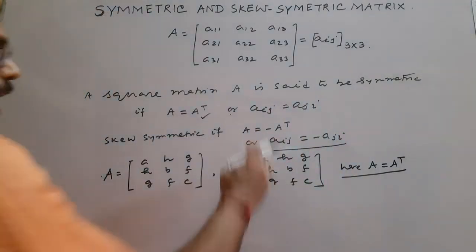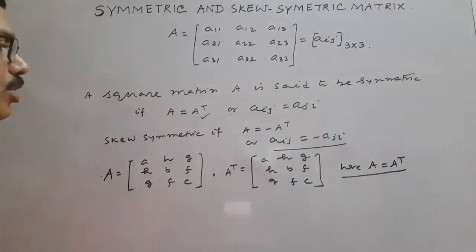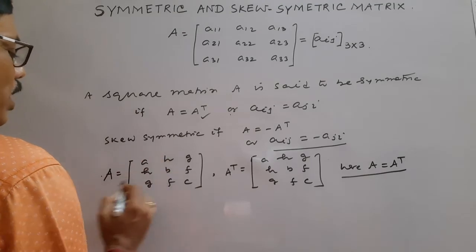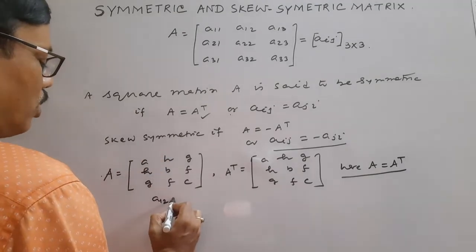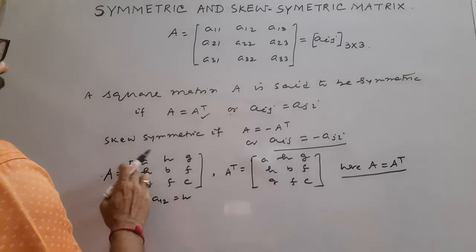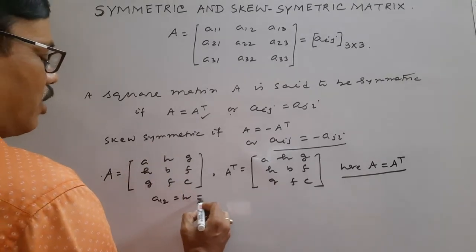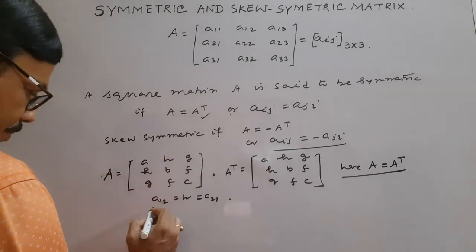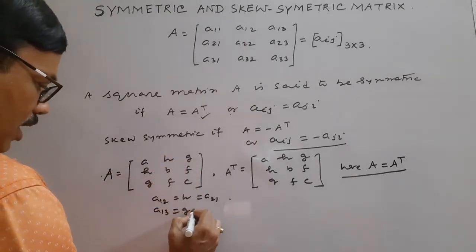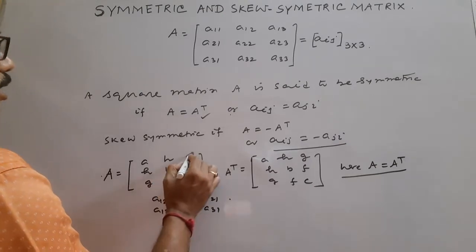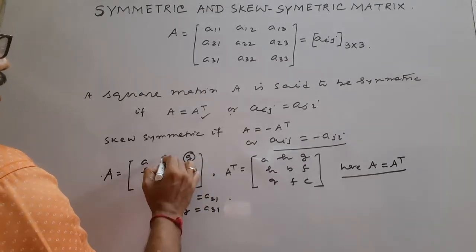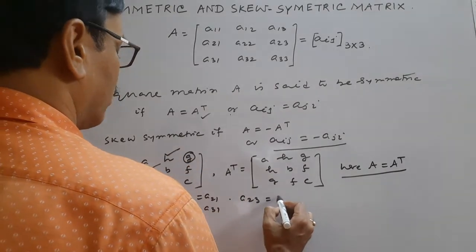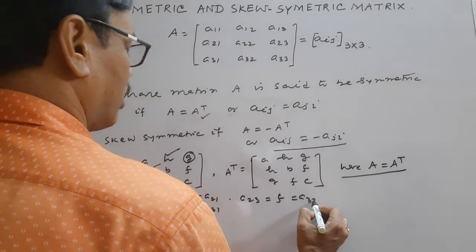Now look, Aij equals to Aji. This is the alternative definition. So this is A12 equals to H, first row, second column. This is A21. Look, A13 equals to G equals to A31. This equals to this. And this is A23 equals to F equals to A32.